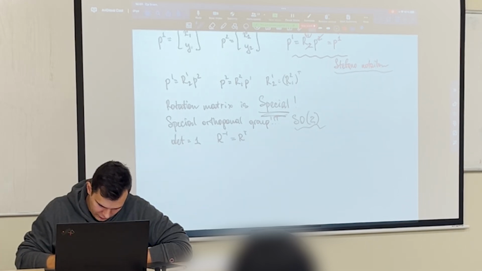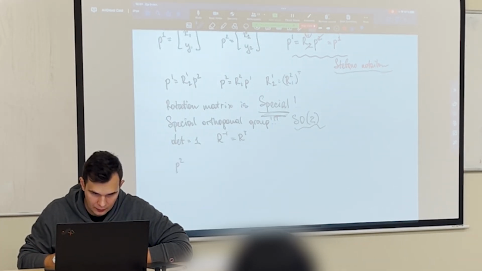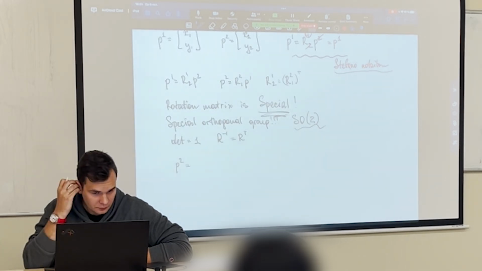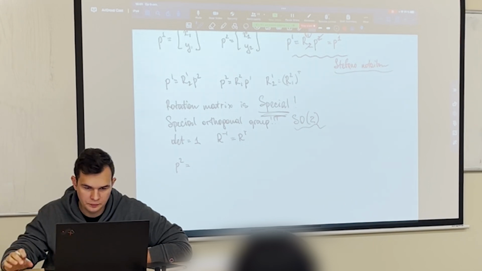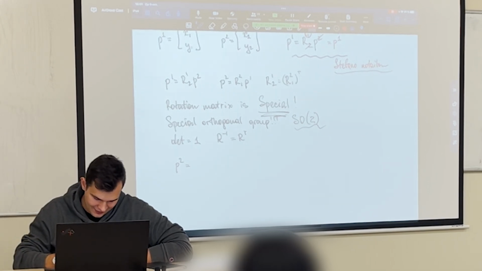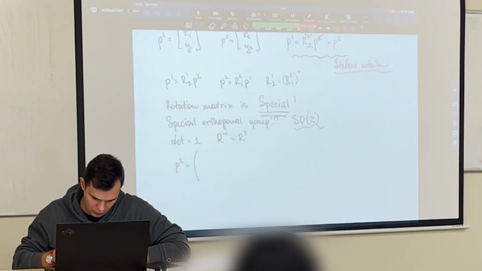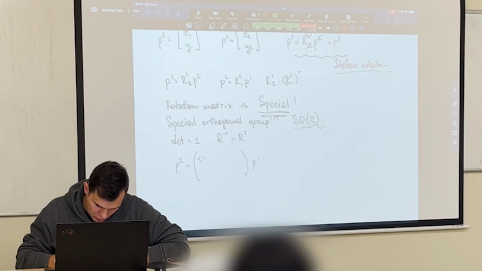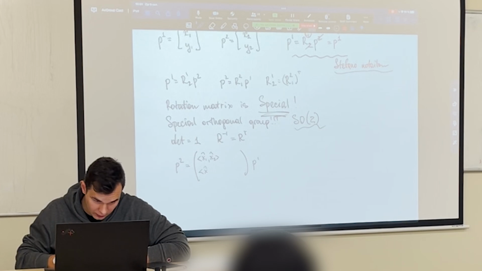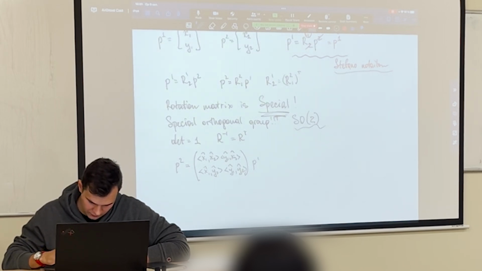So if I write, for example, for the P2, the proper notation for the rotation matrix will look like this: x1 dot x2, x1 dot y2, y1 dot x2, and so on. What is this, right?